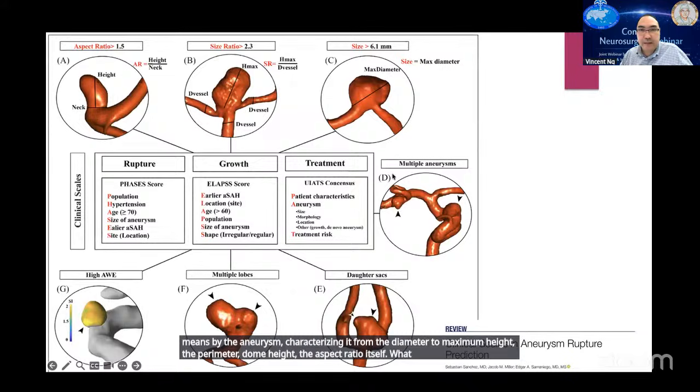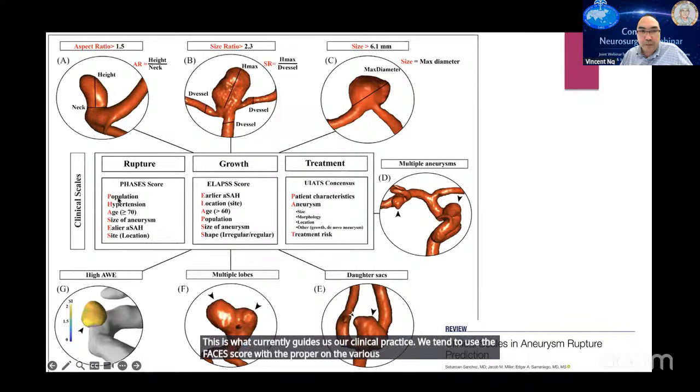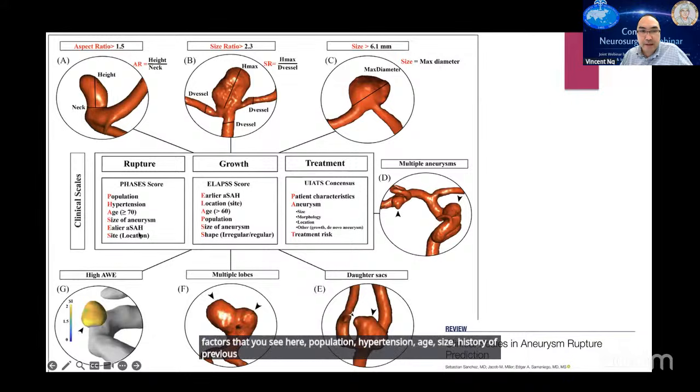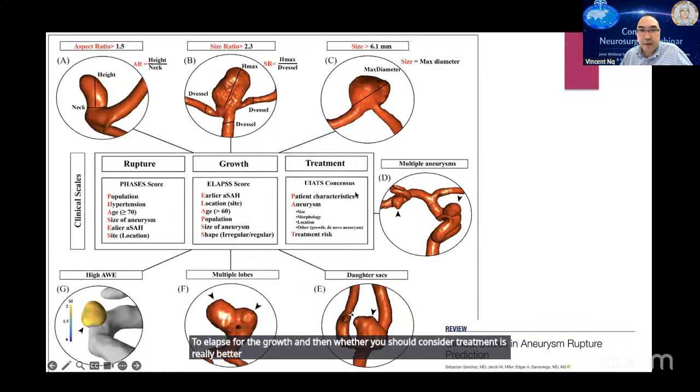What I like about this summary slide is, in general, this is what currently guides our clinical practice, where we tend to use the PHASES score with the various factors that you see here: population, hypertension, age, size, history of previous aneurysmal SAH, and the location, with fairly precise clinical scales for predicting aneurysm rupture, the ELAPSS for the growth, and then whether you should consider treatment is really by the healthy consensus of the UIATS score.